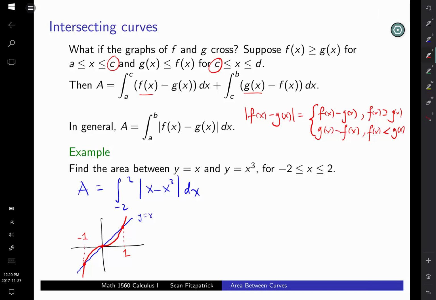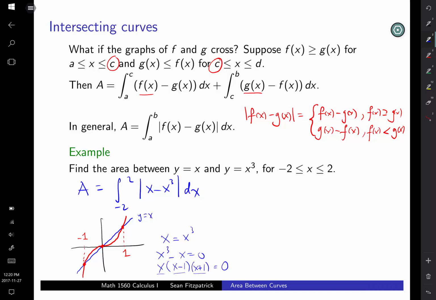So if you're wondering where those points come from, I want to find out where the two curves intersect. So I say, when does x equal x cubed? So I want x cubed minus x equals 0. x, and if I factor completely, I get down to here. And so I see that the points of intersection are when x equals 0, x equals 1, or x equals minus 1.